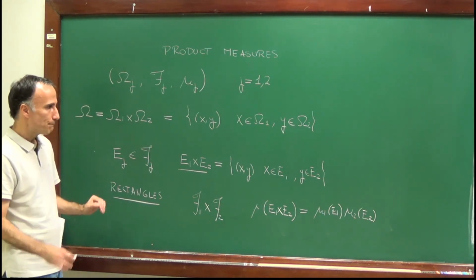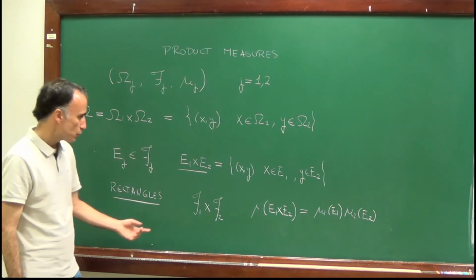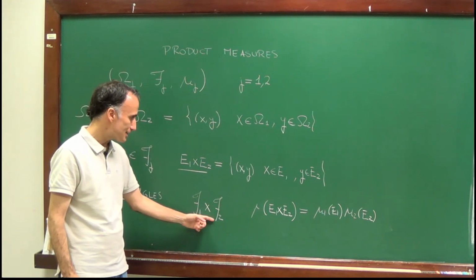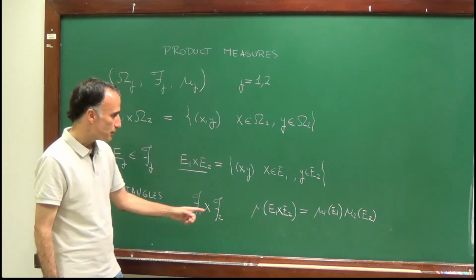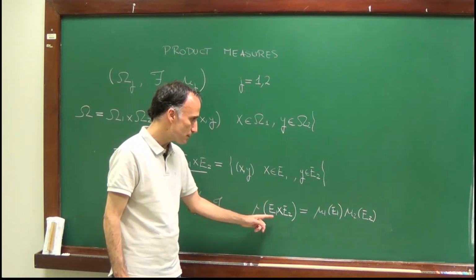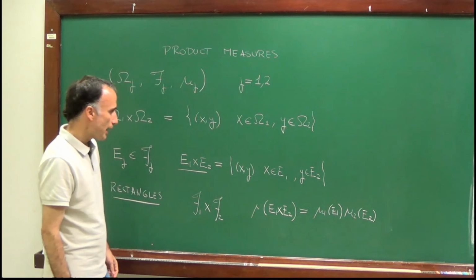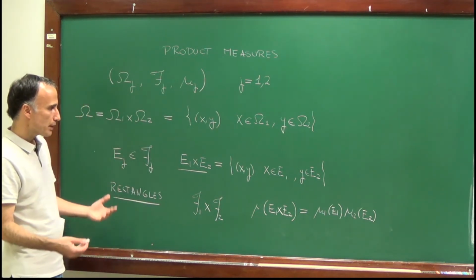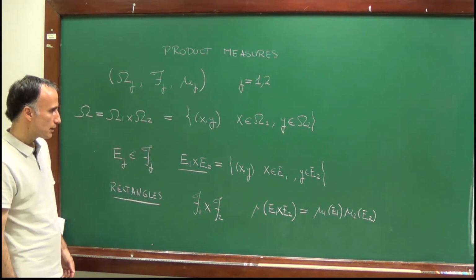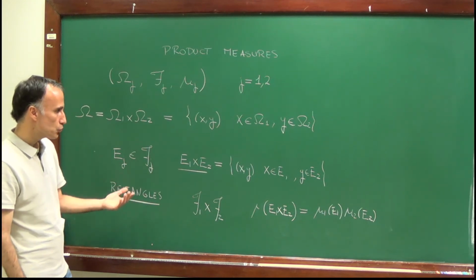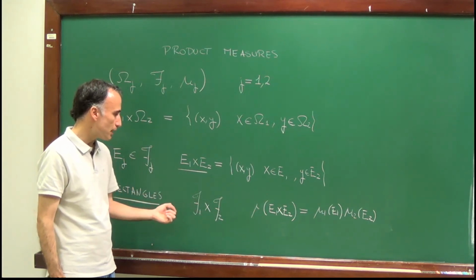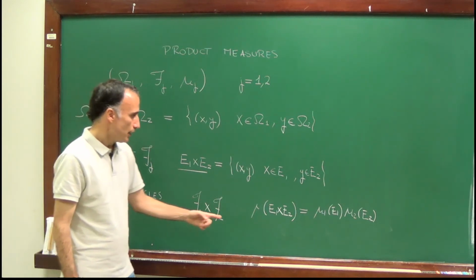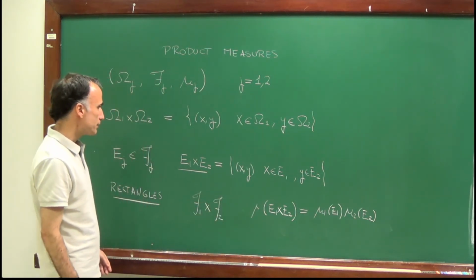So I hope it's clear. We start with this class of sets, which I'm calling rectangles. I'm defining a function on this class of sets by this formula. And now I would like to extend this function to the sigma algebra generated by the rectangles using Caratheodory's theorem.